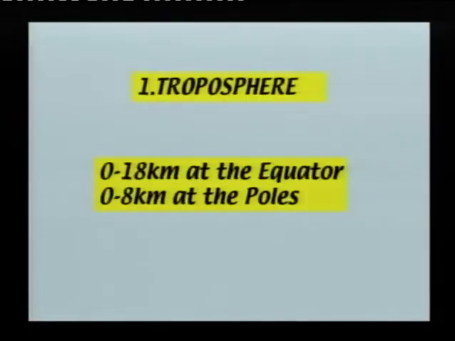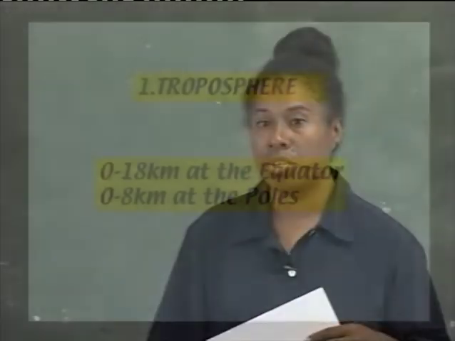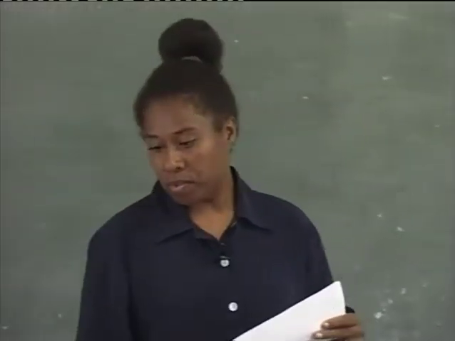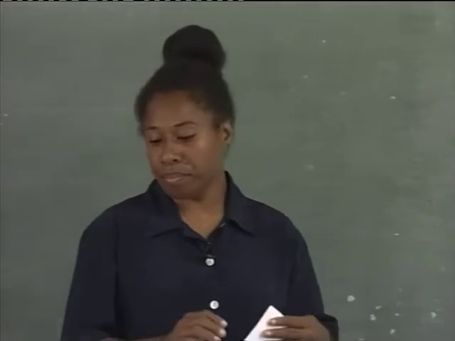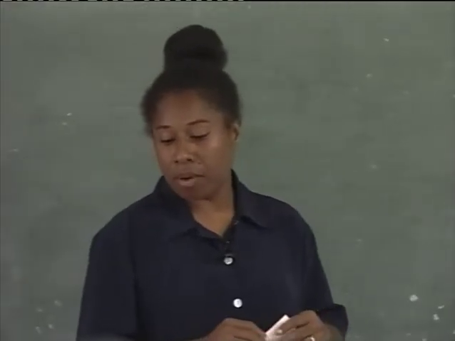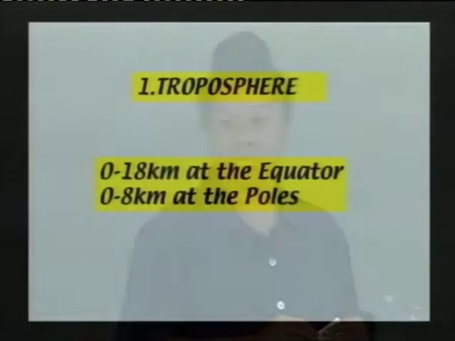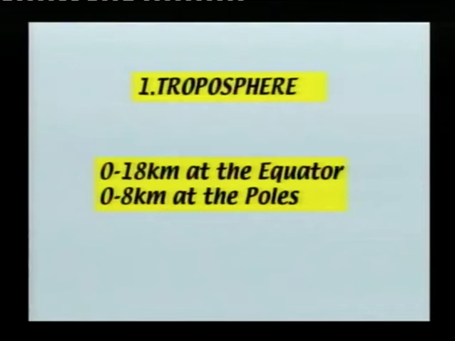Okay, looking at what we have covered already, we are now revising on the first layer, which is the troposphere. The answers that you had, it extends from about 0 kilometers, or from the surface, up to 18 kilometers at the equator. And at the poles, it varies between 0 to about 8 kilometers.